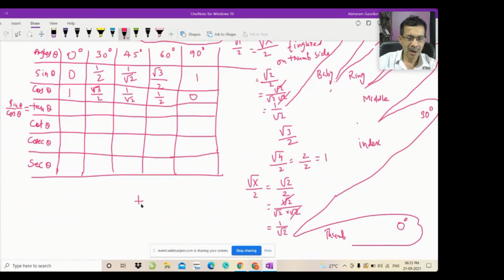See, tan of 0 will be equal to sine of 0 divided by the cos of 0, and sine 0 we have seen is 0 and cos 0 is 1. So this will be equal to 0. So tan 0 is 0, and this you can do verbally.